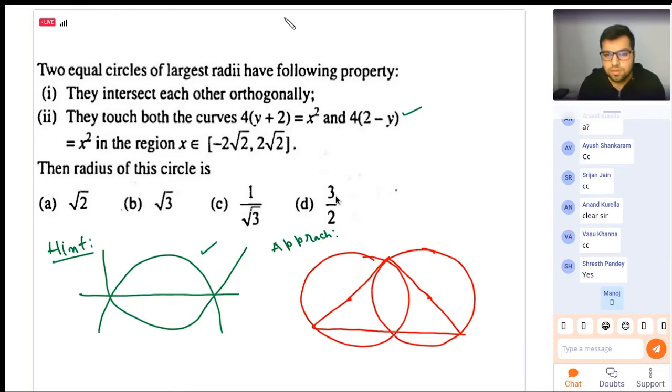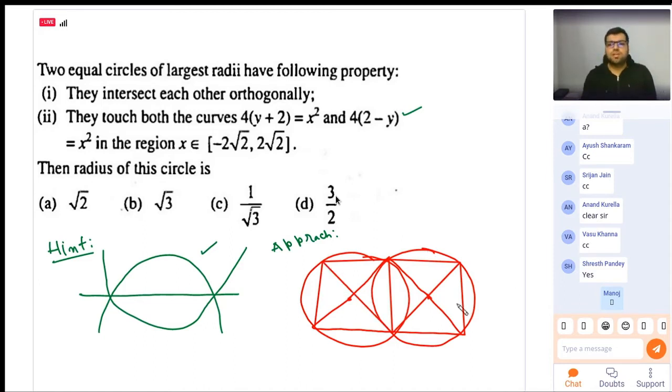I'm just joining the important points by straight lines. So this is how two equal orthogonal circles look. These two are the centers.